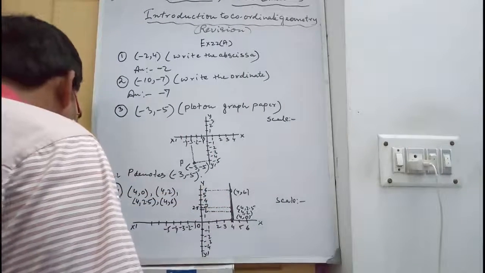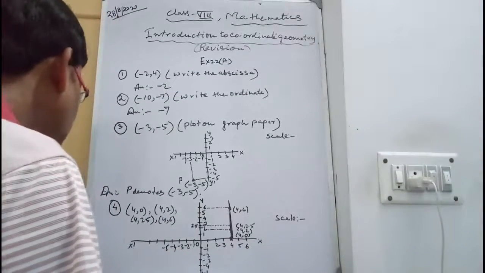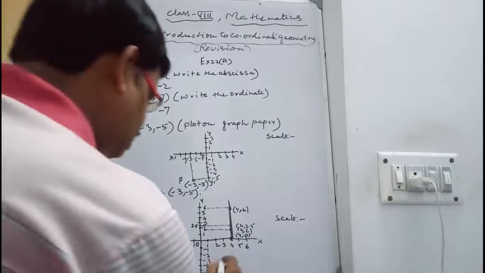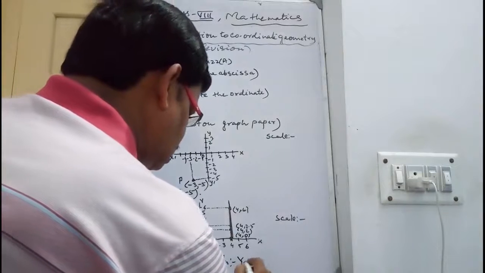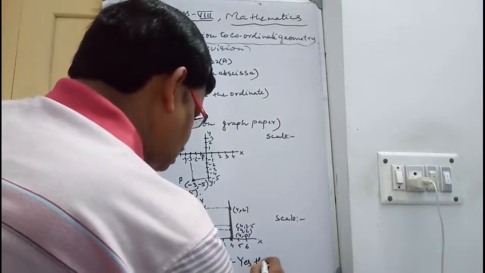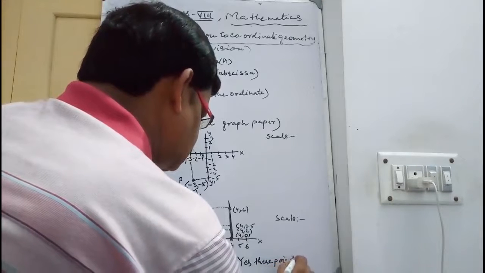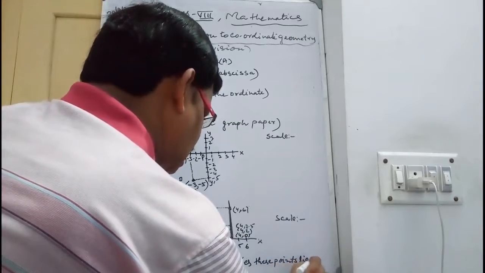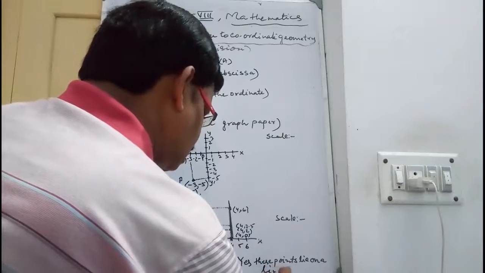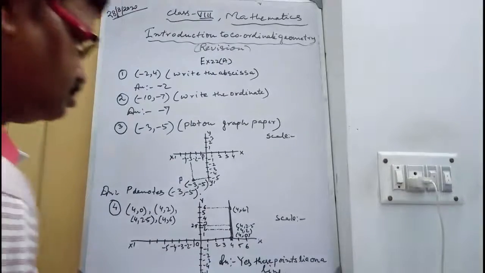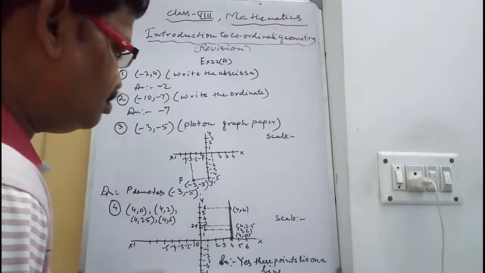You have to prove, verify that they lie on a line. So at last we write, yes, these points lie on a line. This is everything you do on the graph page.